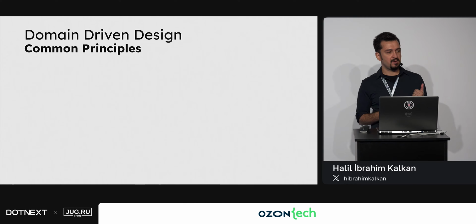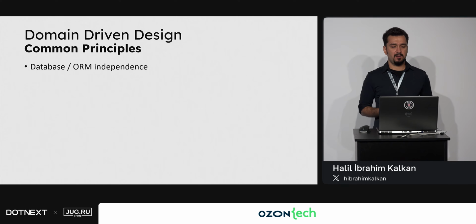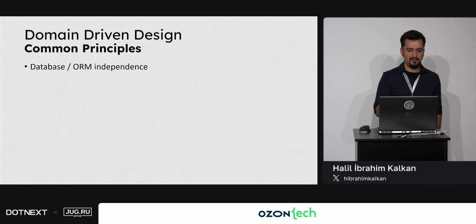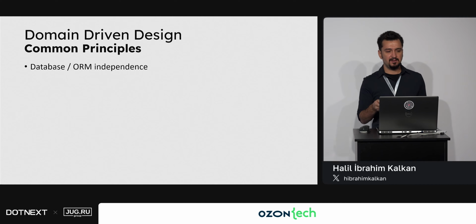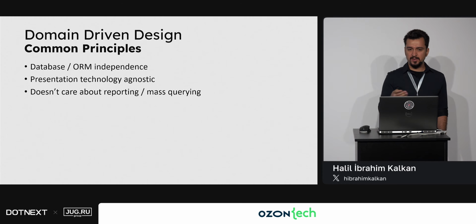We have some common principles while implementing DDD. First, as I said, DDD isn't interested in the infrastructure layer too much, and it wants your project to be database or ORM independent. It also doesn't want to depend on a presentation technology because it's rapidly changing, you know. And it doesn't care about reporting or mass querying.